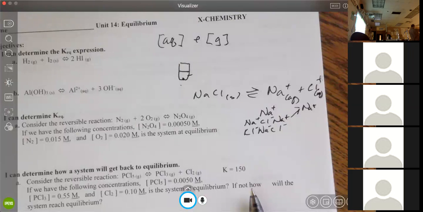So that's equilibrium still, but it's dynamic equilibrium. It's 1 to 3, and it's still 1 to 3 after the change.